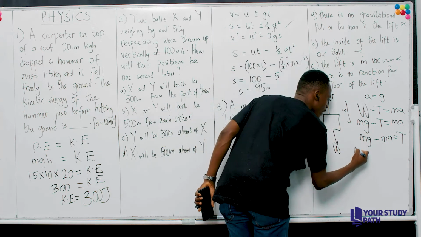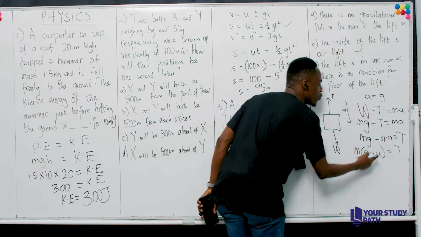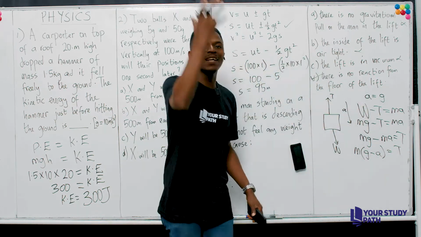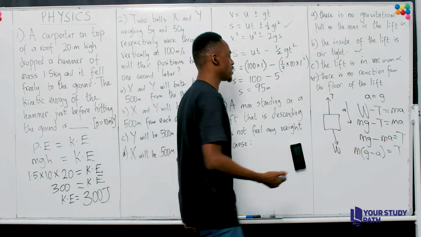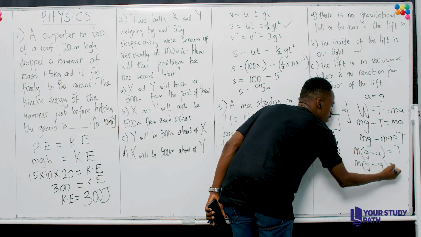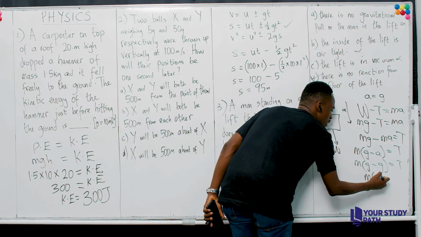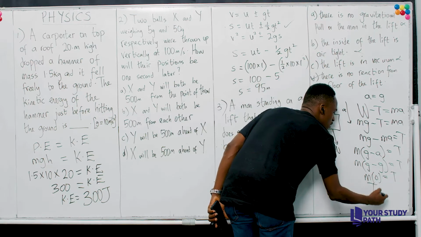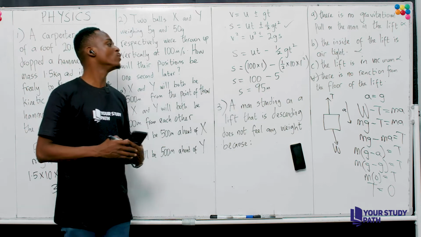From here, m(g minus a) equals tension, where the acceleration of the lift becomes almost equal to acceleration due to gravity. Then you have m times (g minus g), and that's T. Here we go, m times 0 equals T, so T is equal to 0.